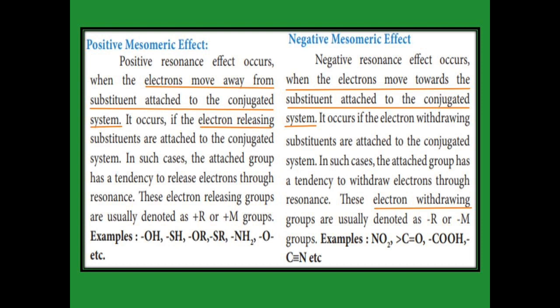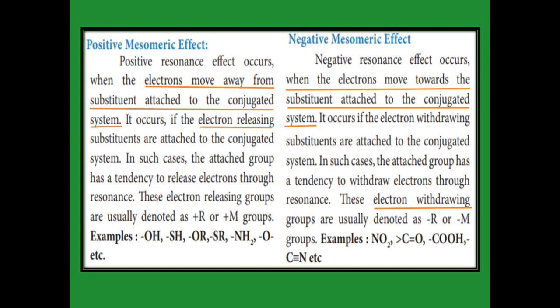Negative mesomeric effect means when the electron moves towards the substituent attached to the conjugated system. It is obtained when electron withdrawing substituents are attached to the conjugated system.